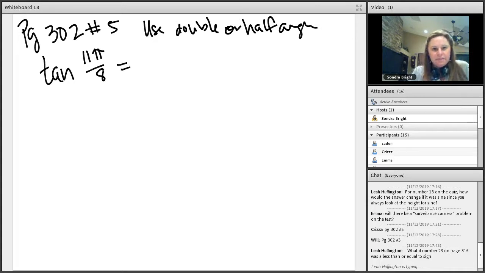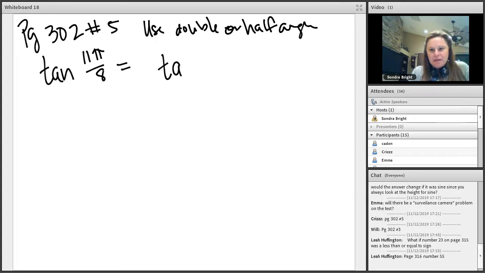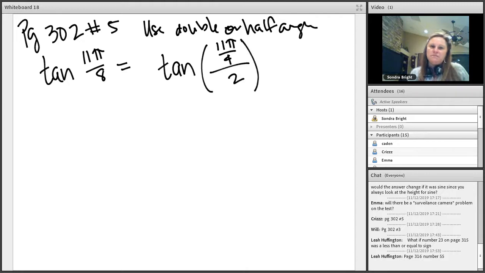All right, so here's what I know. I know 11 pi over 8 is 11 pi over 4 divided by 2. Do you agree? Since 11 pi over 8 would be 11 pi over 4 times 1/2, right?